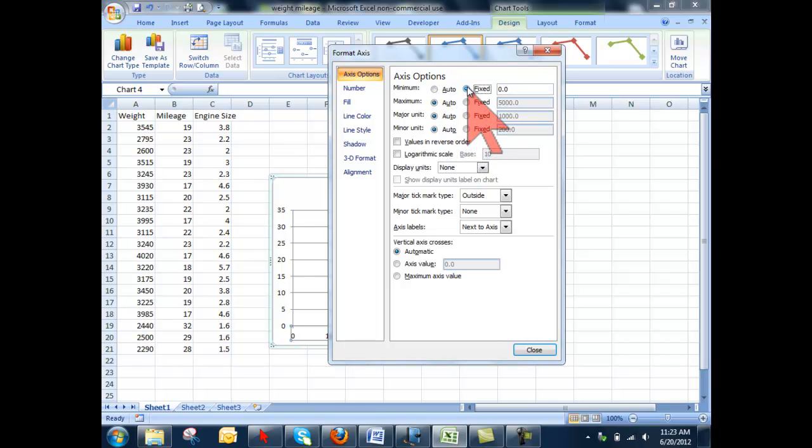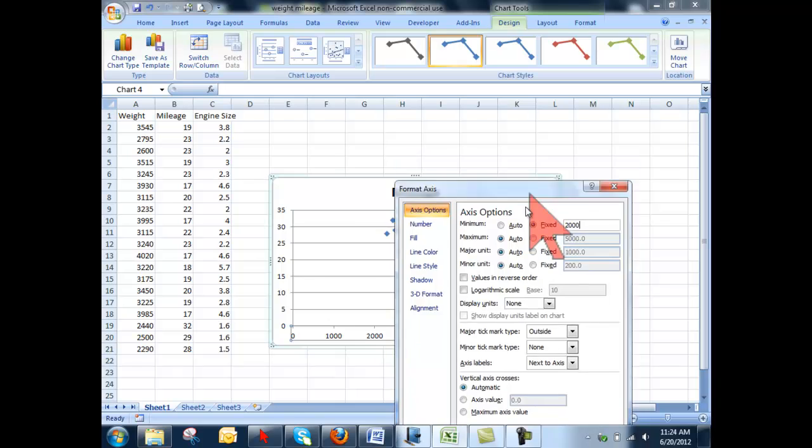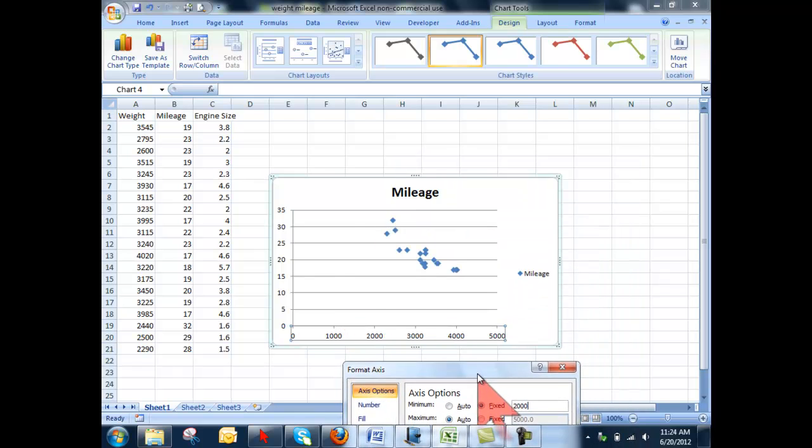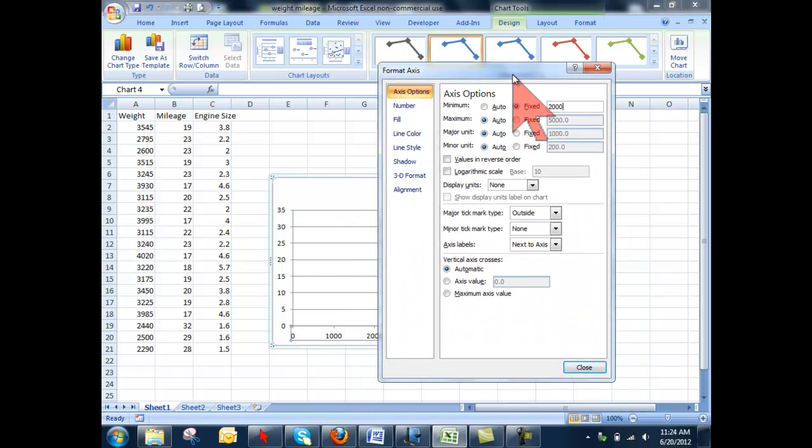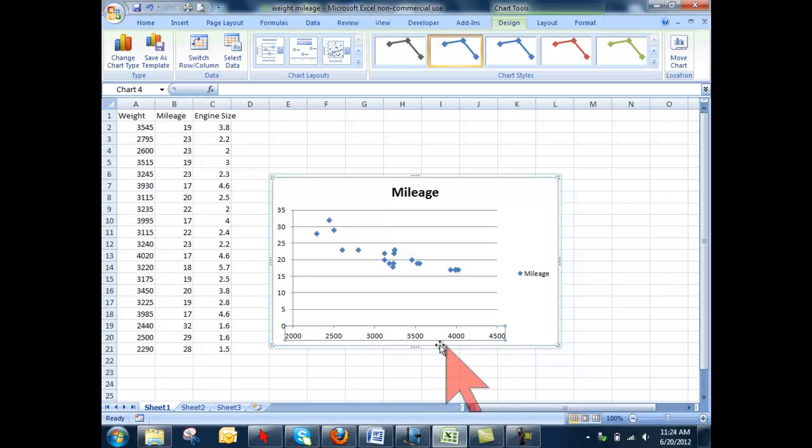I can choose Fixed instead, and if you look at the weights, the smallest weight was a little over 2,000, so I could start the weights at 2,000. And as far as how high to go, a little over 4,000, so 5,000 is maybe not a bad choice. Alright, so that stretched out this axis to go from 2,000 to 4,500 now Excel chose.